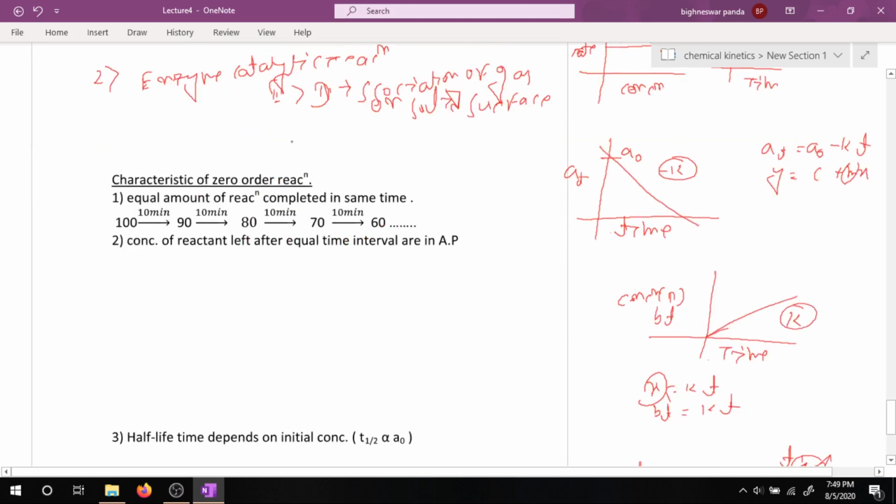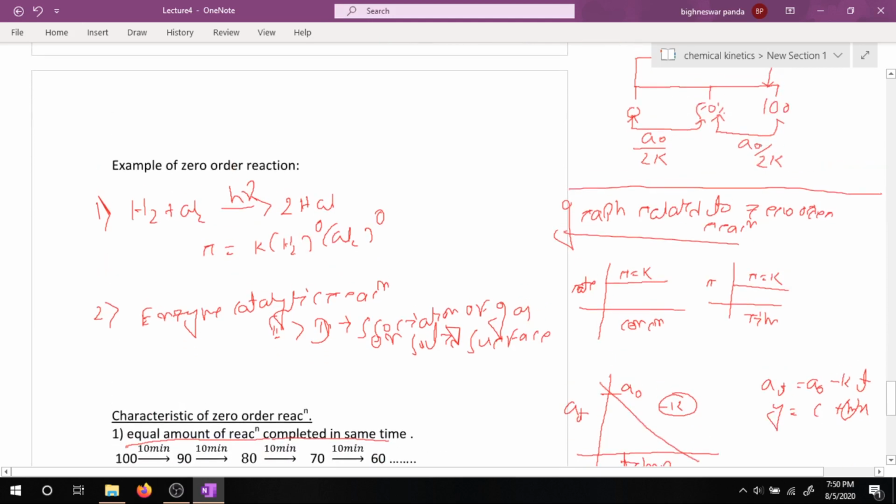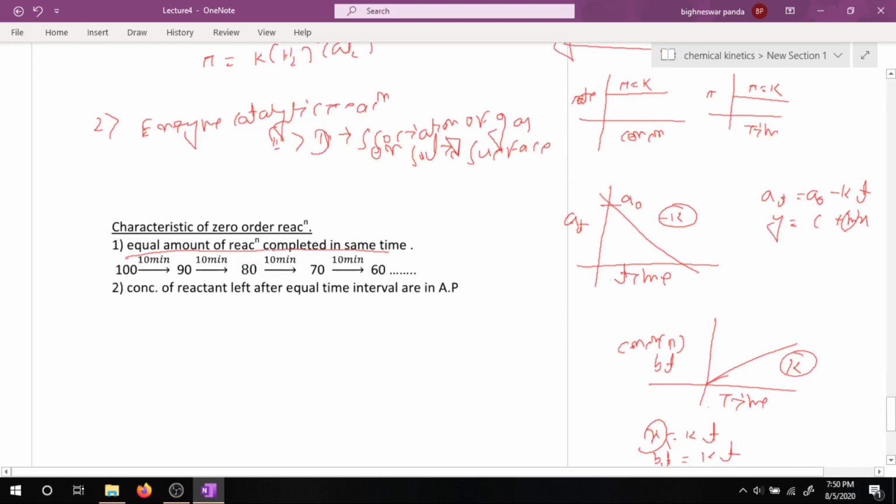Some important characteristics of zero order reaction are: equal amount of reaction completed in same time. As I have already told you, let us consider a reaction 0 to 100. If 0 to 50% requires A naught by 2k and 0 to 100 requires A naught by k, then another 50% will also get completed in A naught by 2k. This means equal amount of reaction gets completed in same time.